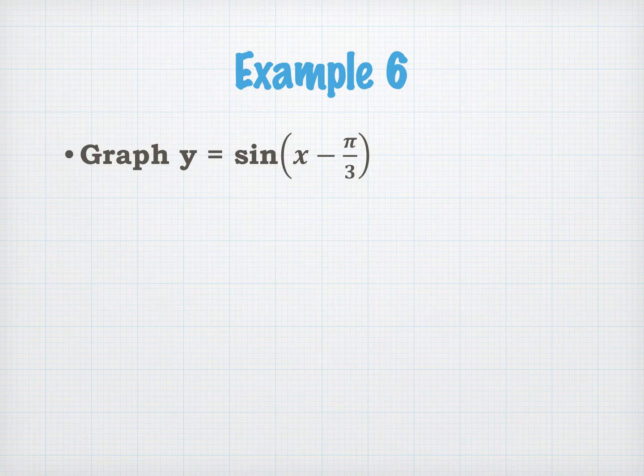So again, backwards of what you would think. We're going to graph the sine curve. And here, this is pi over 3, backwards of what you would think. So we're going to move it pi over 3, or 60 degrees, to the right.